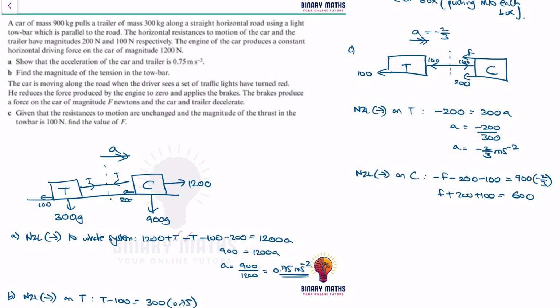Made a mistake on the first line. So it's negative F take away 200 plus 100, so plus 100. Which means when we change all the signs throughout everything, we get negative 100 here. So that means F plus 100 must be equal to 600, which means F is equal to 600 take away 100, which is 500 newtons.